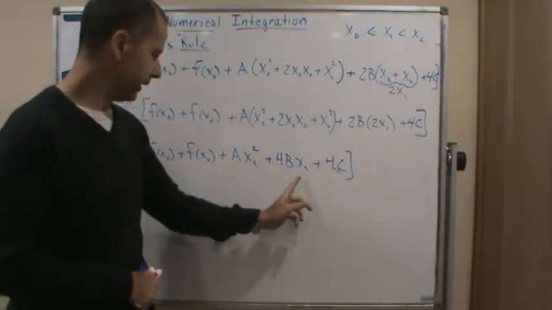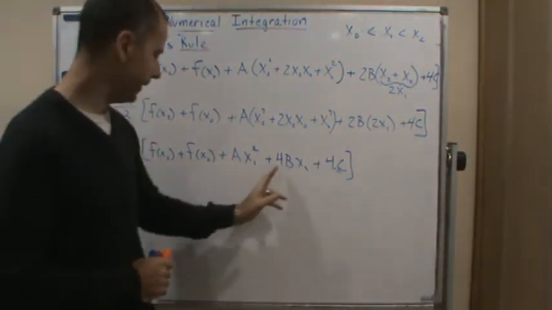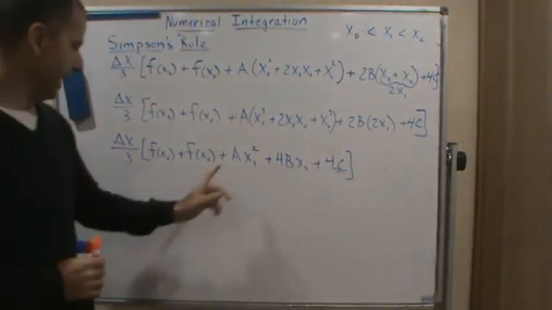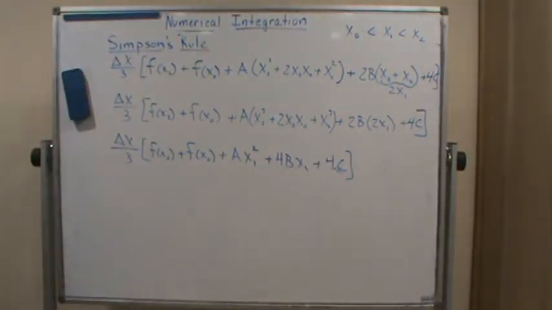So it looks like we can get an f of x1 out of there, but it's not quite there because we've got a, 4 b's and 4 c's. So we can pull this off, but let's see what happens with the rest of it.